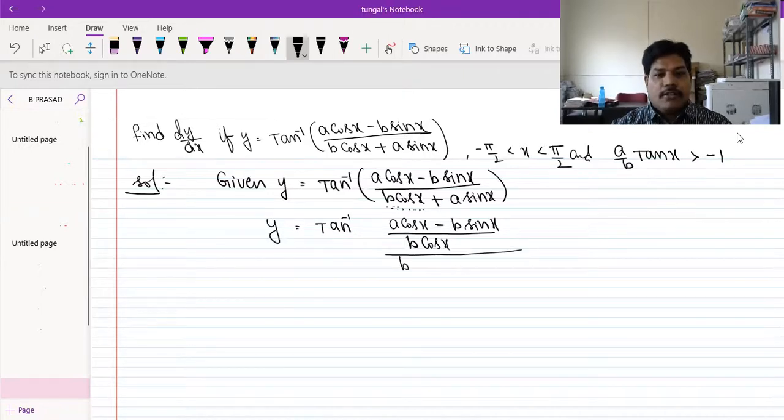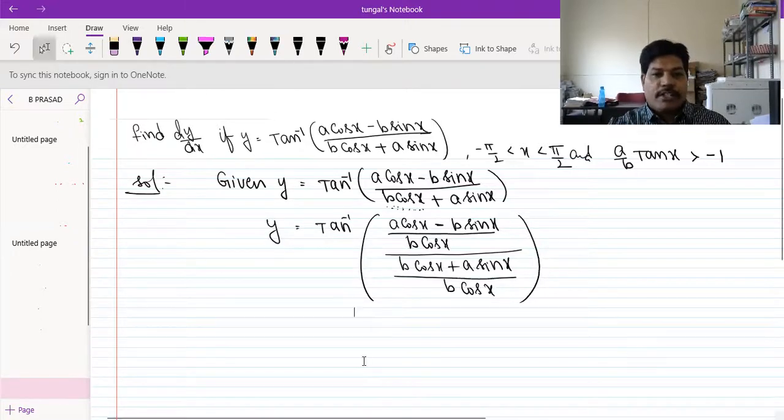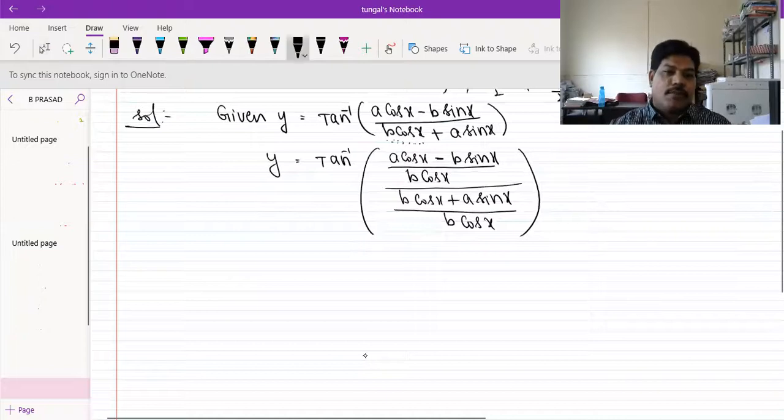What is that? b cos x plus a sin x by b cos x. So what happens, students? I just divided the numerator and the denominator with the same term, b cos x. So that implies y is equal to, I divided this one.